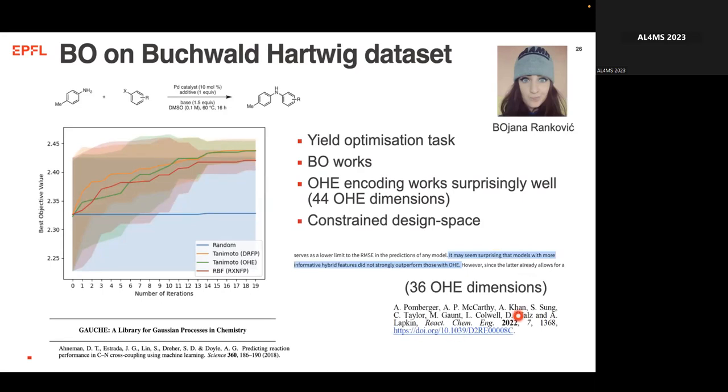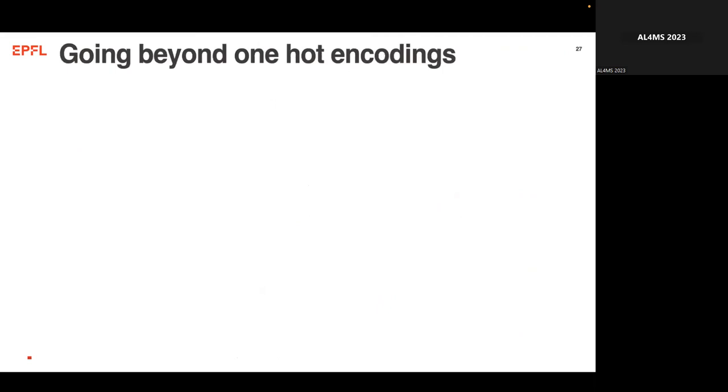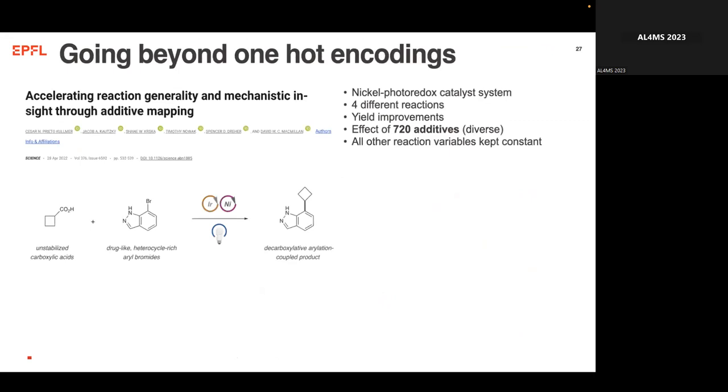This is just to highlight another study that made exactly the same observation. So what we thought is, how can we go beyond one-hot encodings and basically come up with a situation where one-hot encoding doesn't work anymore? Here we looked at a recent publication by the Macmillan group, where they basically screened additives to improve the yields of a nickel photoredox catalytic reaction.